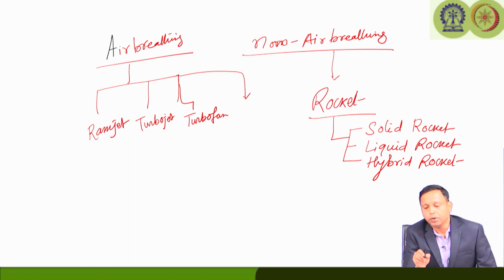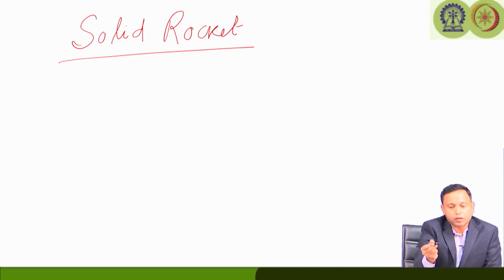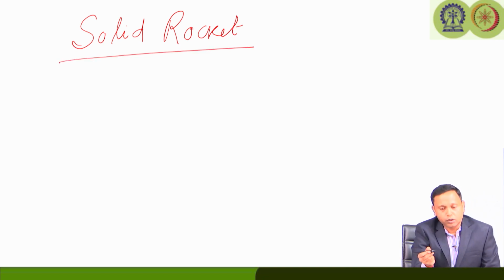So, I will just give a brief idea about the different types of rockets, like solid rocket, liquid rocket and hybrid rocket. As the name suggests, solid rocket means the propellant itself is in solid form. Sometimes it is called rocket motor or solid propellant rocket. So, solid means it is taking the solid propellant in the vehicle.